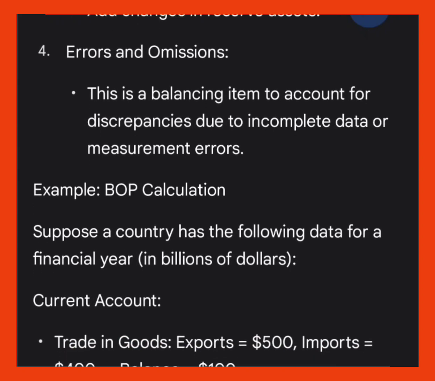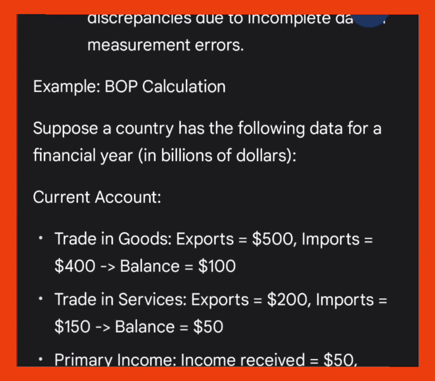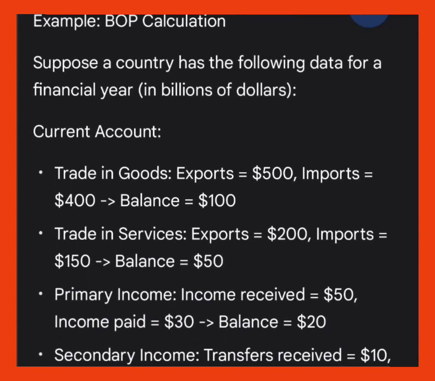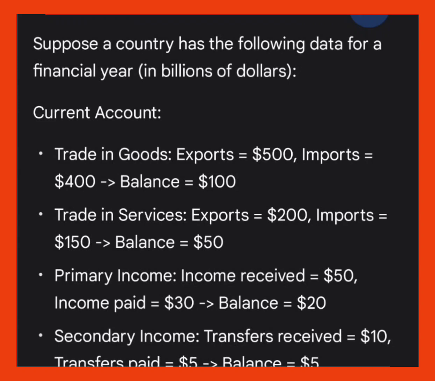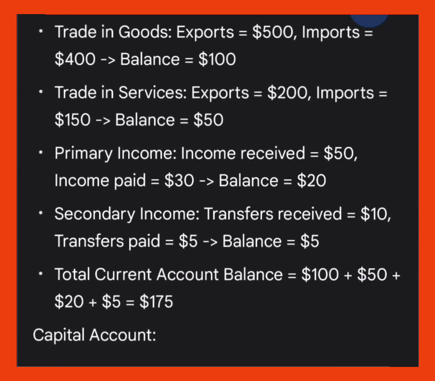Example: BOP calculation. Suppose a country has the following data for a financial year in billions of dollars. Current account. Trade in goods. Exports equals $500, imports equals $400, so balance equals $100. Trade in services. Exports equals $200, imports equals $150, so balance equals $50.